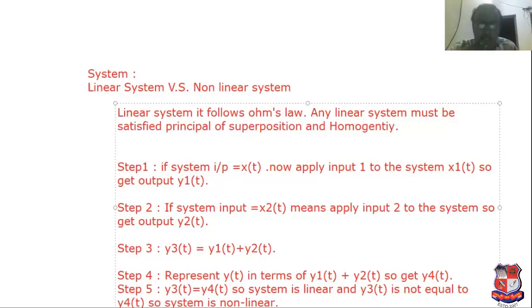So this is the condition. The entire 5 steps can be clearly indicated by the superposition principle and the homogeneity principle. So it is considered a linear system, otherwise the system is non-linear. Now, I have solved the basic example and the advanced example based on the PDF, so we concentrate on that particular point.